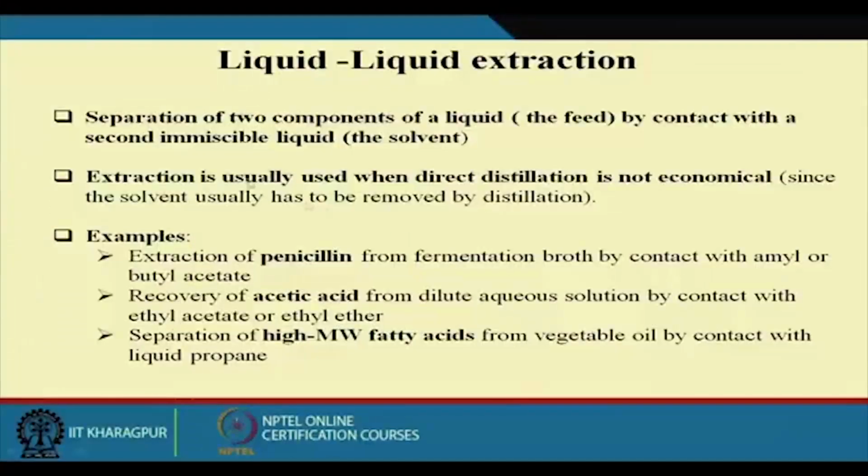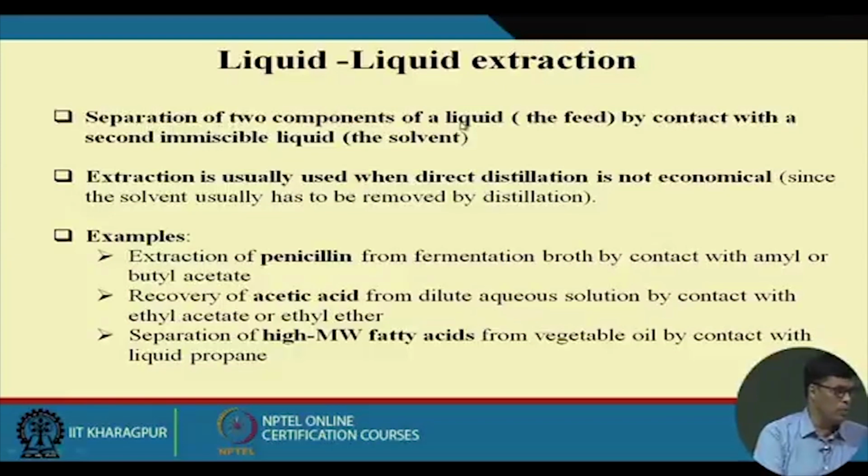Anyhow, now I am going to discuss the liquid-liquid extraction process, which is largely used by industries. It is basically the separation of the two components of a liquid, the feed, by contacting with a second immiscible liquid, the solvent. The solubility of the solute in one solvent will be more as compared to the other. This is on the basis of partition coefficient.